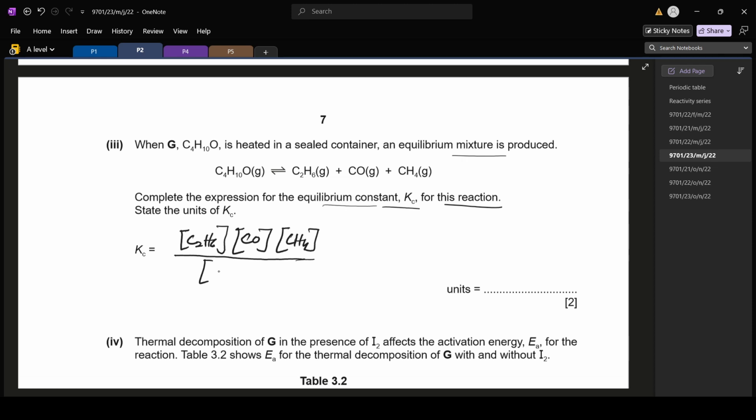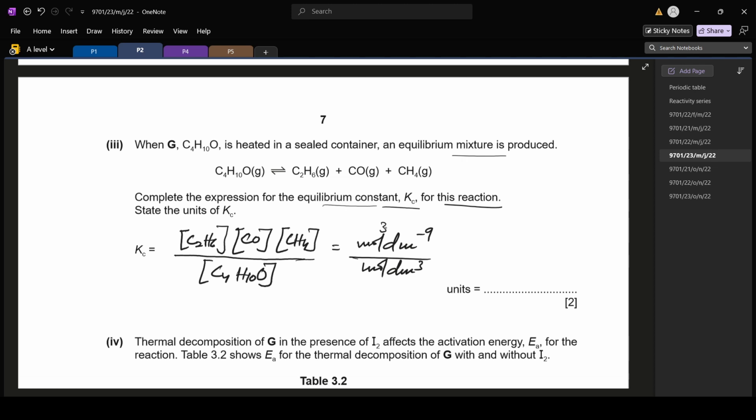And on the reactant side, we have G. Okay, so this is the electronic configuration. And if you calculate units here, this will have units of mole per dm cube, to the power minus 3, divided by mole per dm cube.